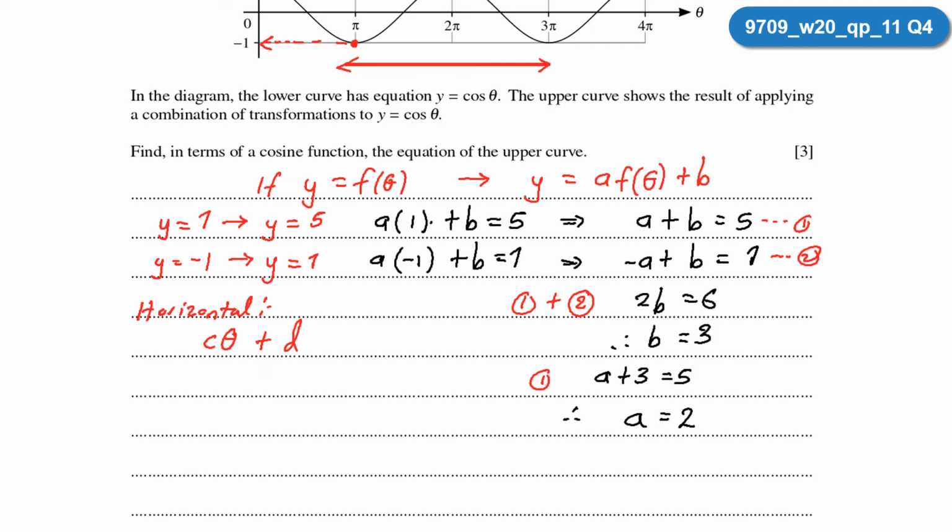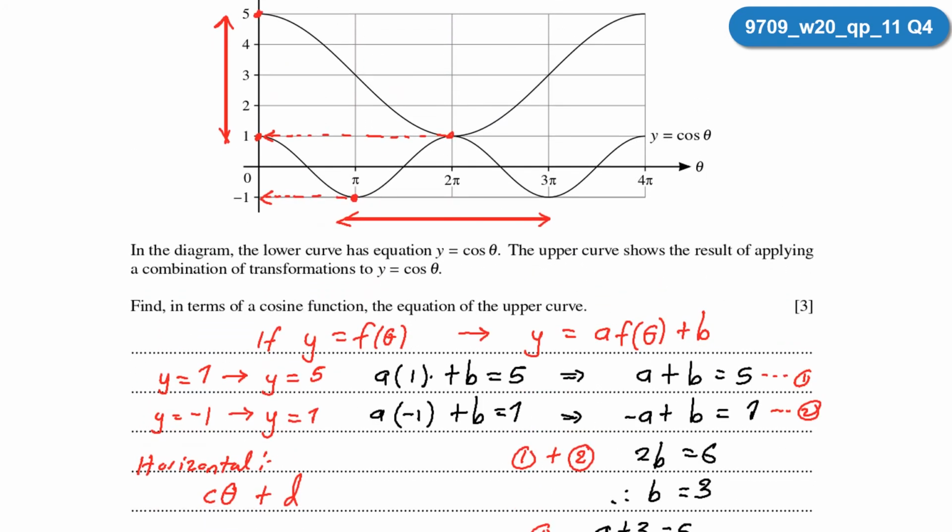So let's look at some x points that have been transformed. Let's start with this point here, which has an x coordinate of 0. So this point has been transformed onto this point here, which also has an x value of 0.